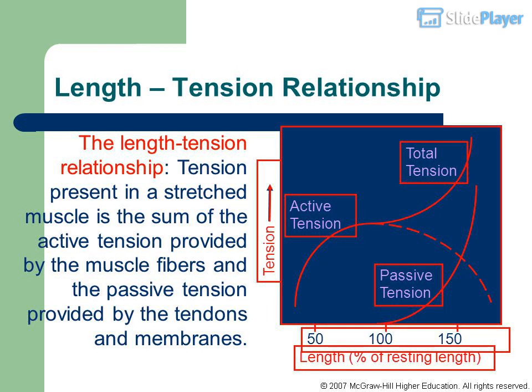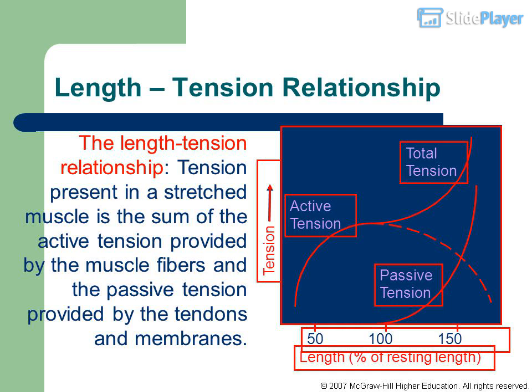Length-tension relationship. The tension present in a stretched muscle is the sum of the active tension provided by the muscle fibers and the passive tension provided by the tendons and membranes.